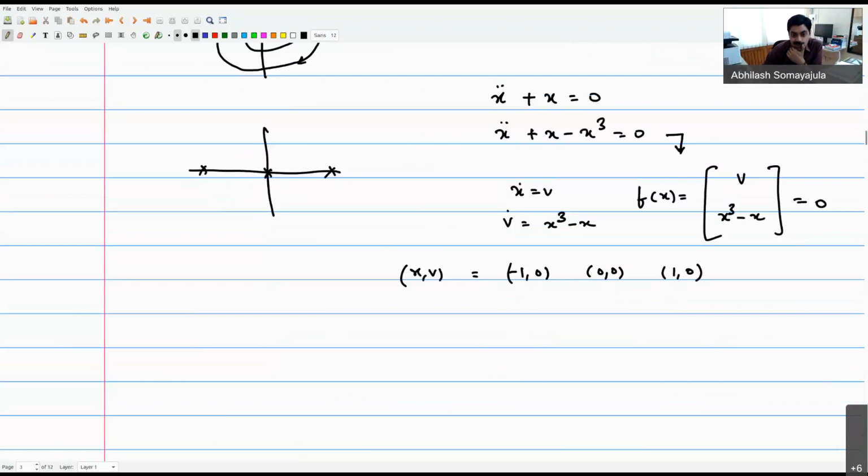Now what happens when I have an angle which I'm starting from here? What should happen to the trajectory starting there? It's like a ship roll, right?